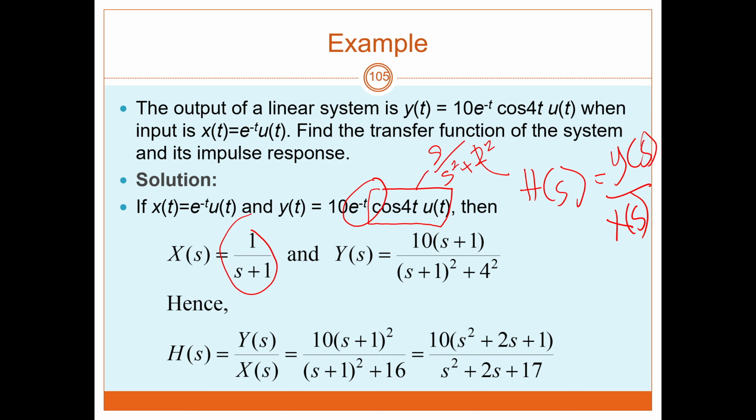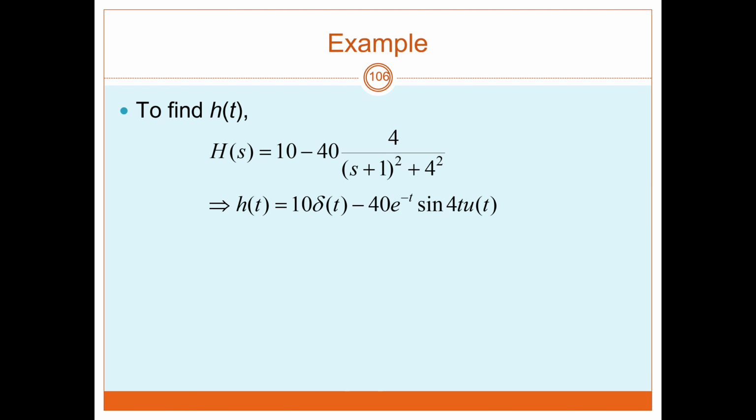Then we shift it, so s now becomes s plus 1, and this one also becomes s plus 1, part of the time shift property. So we can find H(s) by dividing Y(s) and X(s) and simplifying the equations.